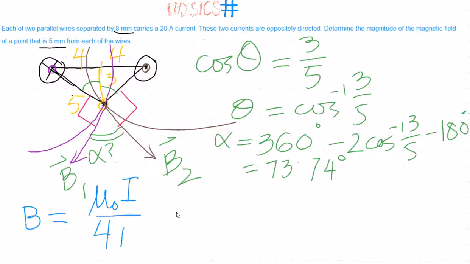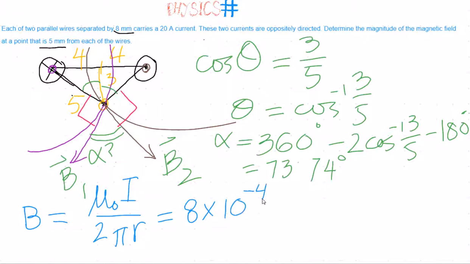It should be 2 pi, not 4 pi. Let me correct that real quick. Yes, the formula says 2 pi. So divided by 2 times pi times the distance, which is 5 millimeters, so 5 times 10 to the negative 3. So we end up getting 8 times 10 to the negative 4.